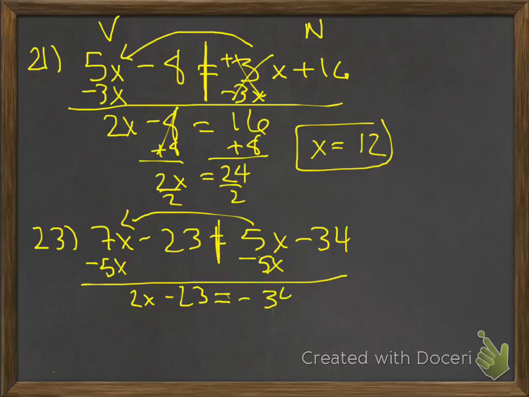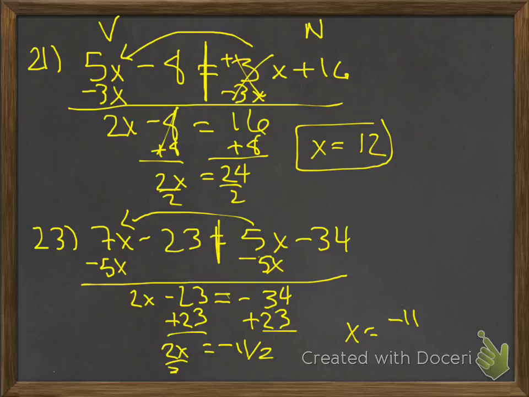I think this one's going to be a fraction answer. Oopsie. Okay, so plus 23. You get 2x is equal to negative 11. Then divide by 2. And x equals negative 11 over 2. I'm going to leave it like that. So this one came out with a fraction. That was my oops. But there you go.